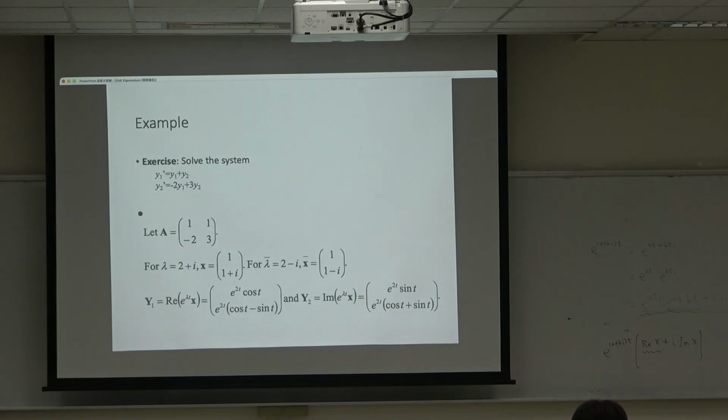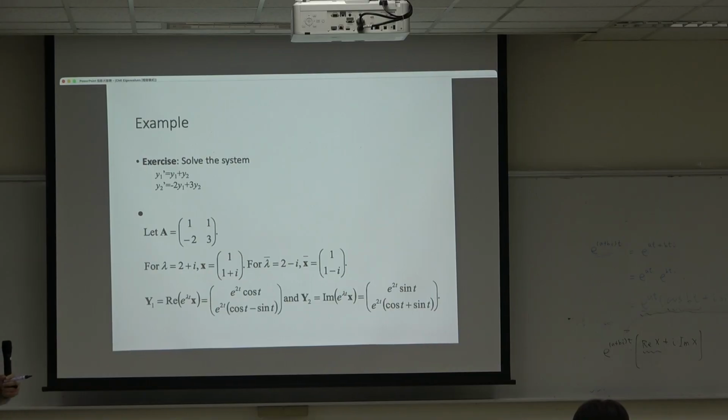And here is an easy example. This is the matrix A, looking like that. If you solve for the eigenvalues, you will find there are two eigenvalues: one is 2 plus i, another one is 2 minus i. The corresponding eigenvectors will be this one and this one.